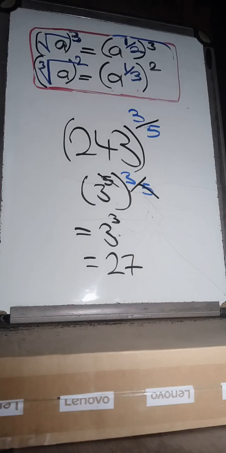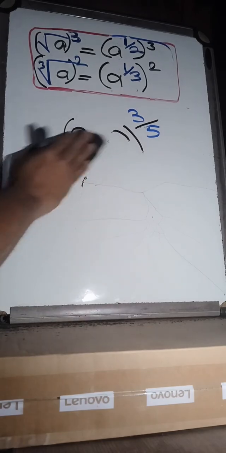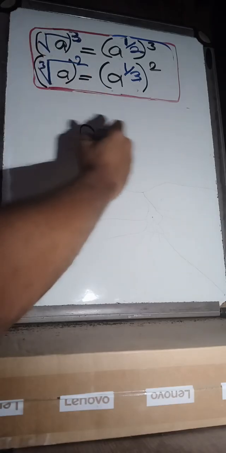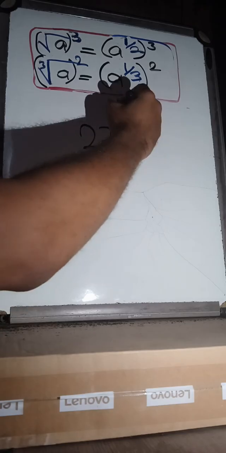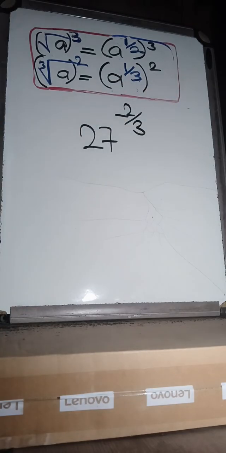Now mind you, there is something that looks like a bit of a nasty trick. What if you had something like 27 raised to the minus 2 over 3?